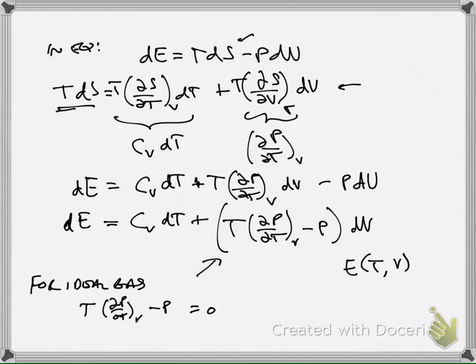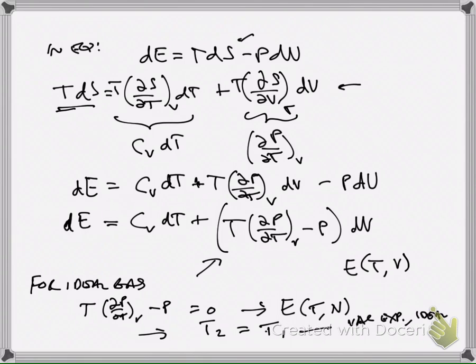So we would then find that the energy is only a function of temperature and particle number, which means we would find that T2 equals T1, because the energy only depends on temperature. We said the energy was constant, and so for the ideal gas, with the vacuum expansion, we would find that T2 equals T1.